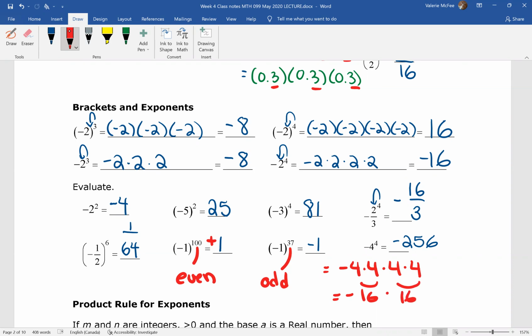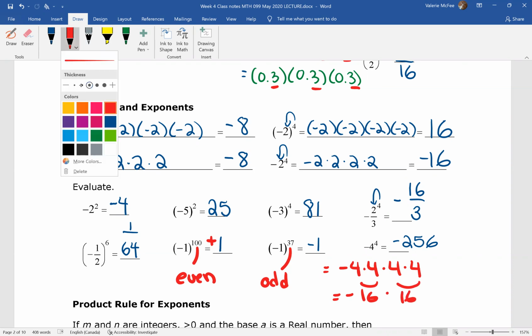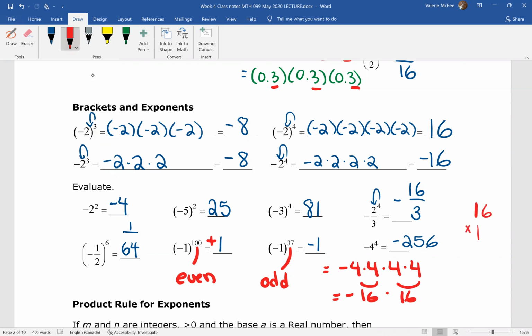And if you have to use long multiplication to answer that question, then do it. You're not allowed to use calculators. So if you need that practice, if you need that time, please take it.